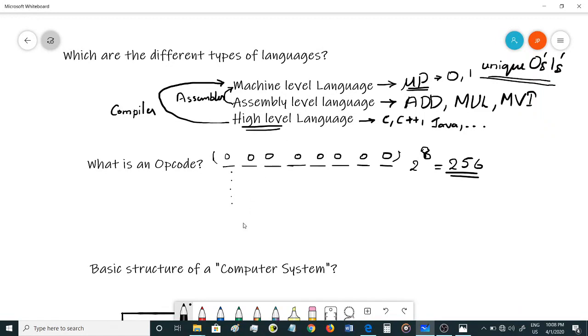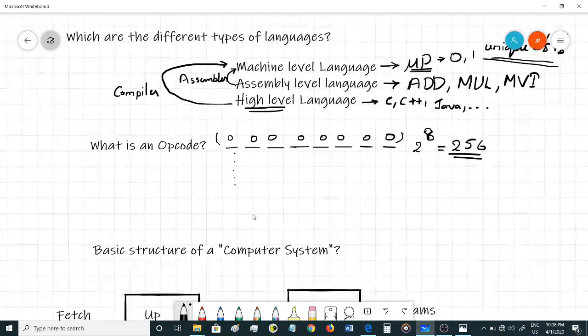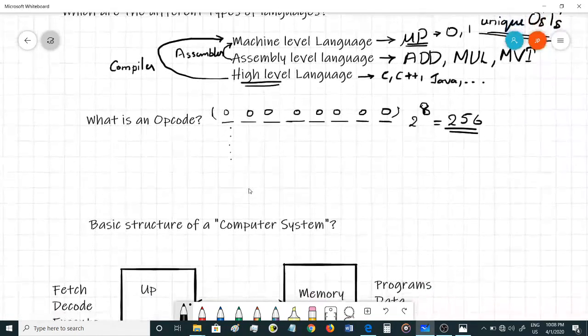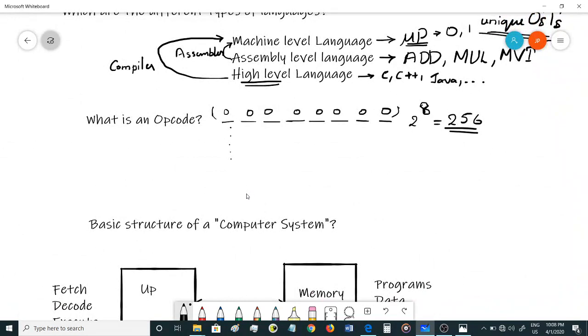All these things are already inbuilt and decided earlier, and they have very specific opcodes set for each and every instruction. We won't be learning opcodes, we'll just analyze them. Nobody can learn each and every opcode, because these are just zeros and ones, and learning the opcodes corresponding to instructions is a very difficult task.